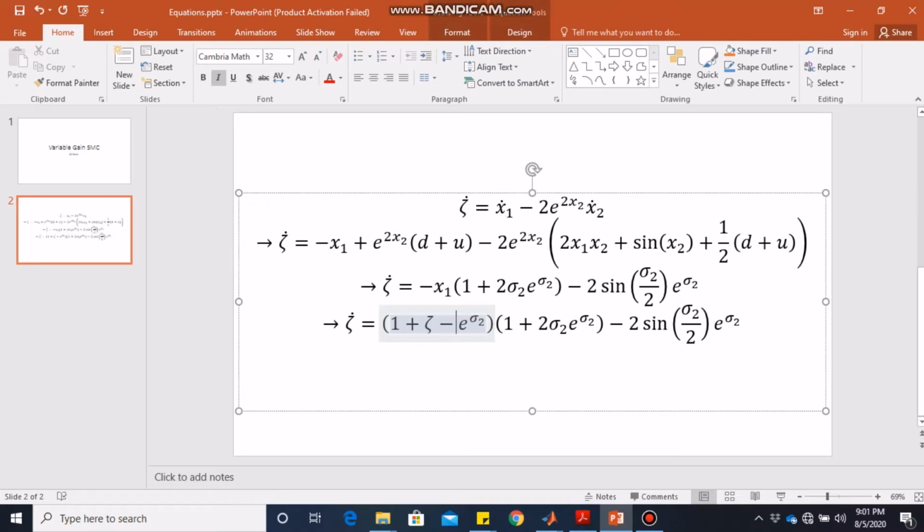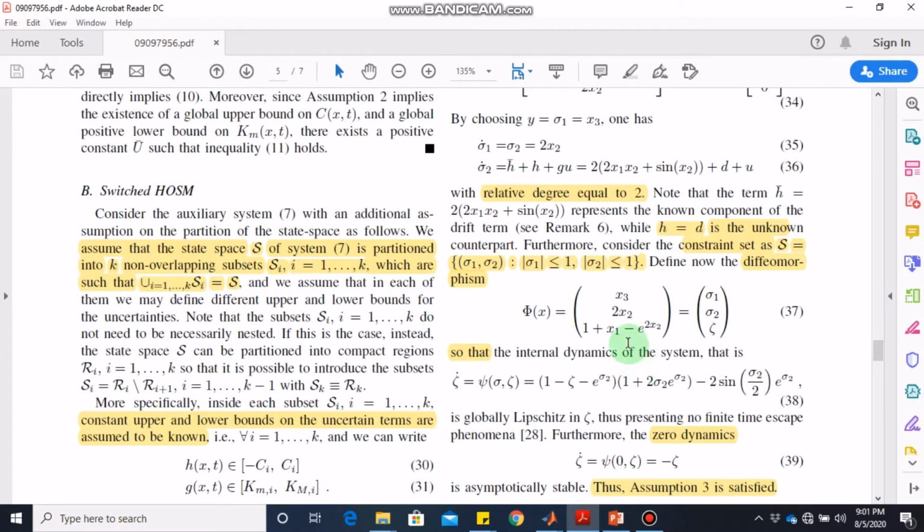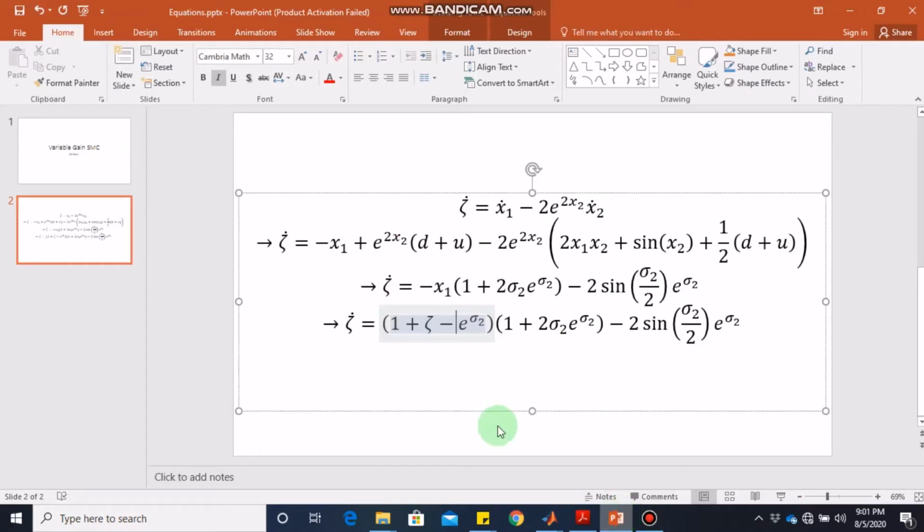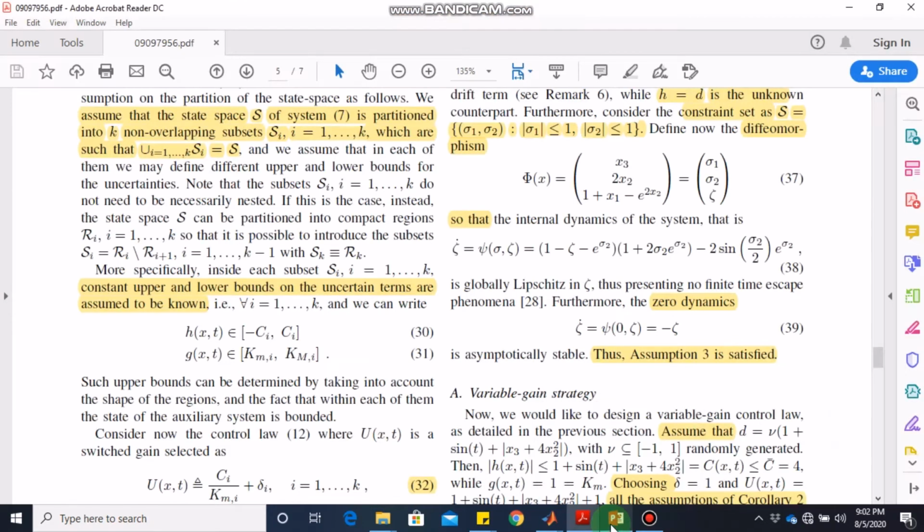Sorry about that. So this will give you zeta dot to be equal to this expression that has been written here. Well, there is not a plus, this is minus. Sorry about this error. You can do it by yourself and you can verify that this equation is exactly correct.